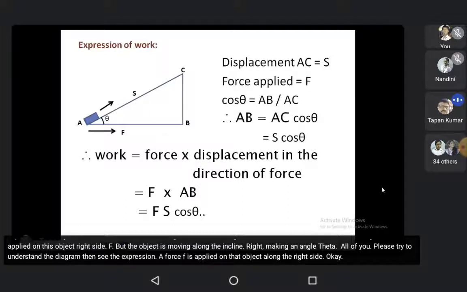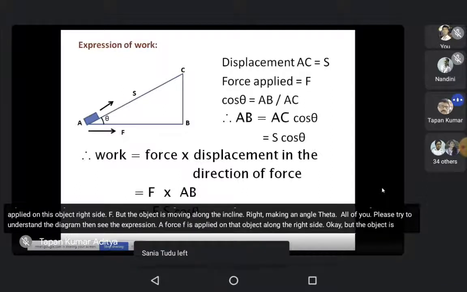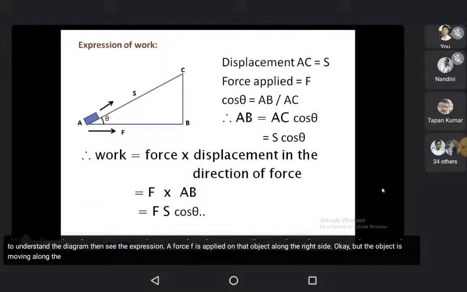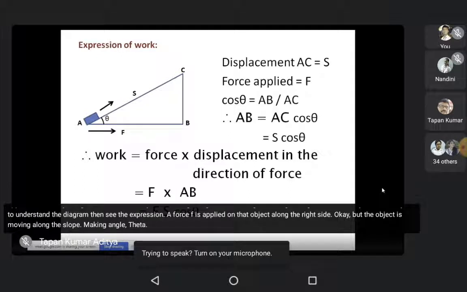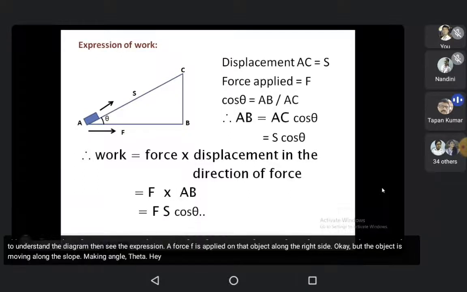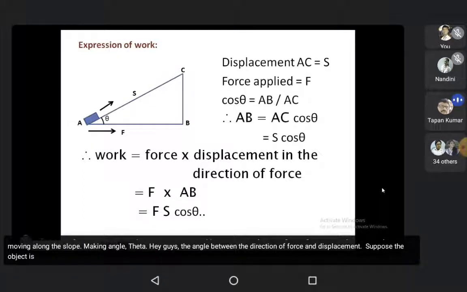But the object is moving along the slope, making angle theta. Theta is the angle between the direction of force and displacement. Suppose the object is moving from A to C. So displacement is from A to C, or s. Now see the equation.